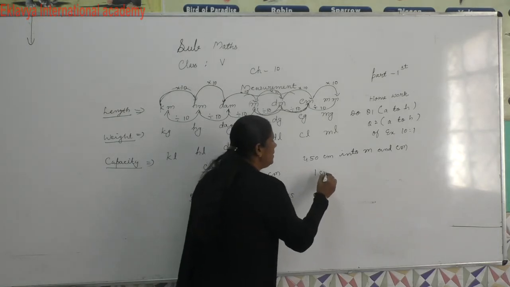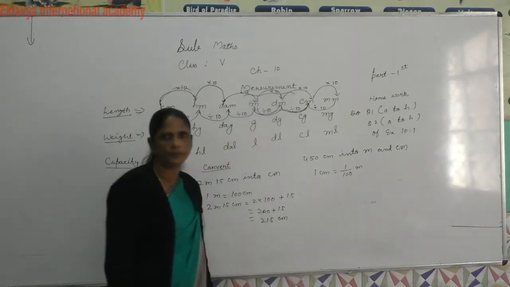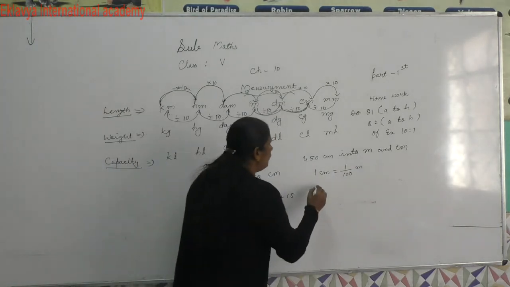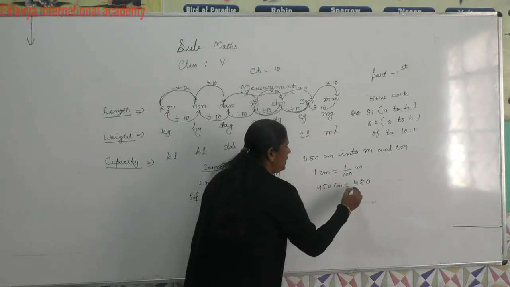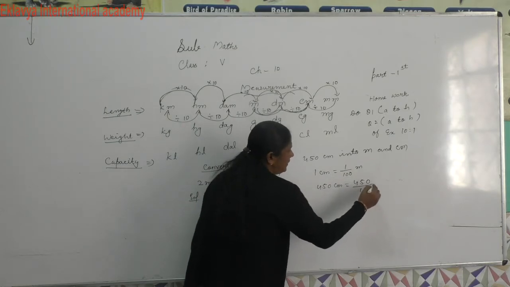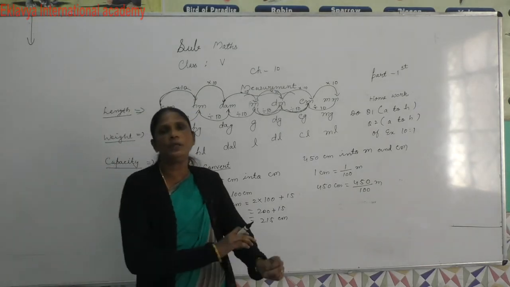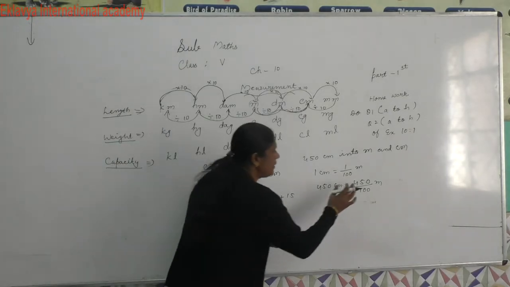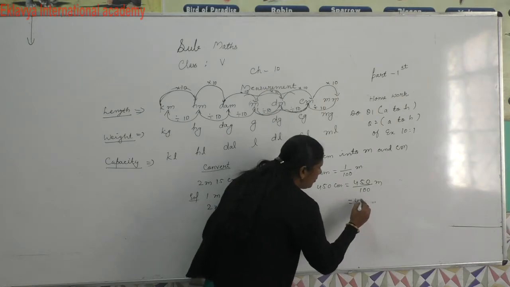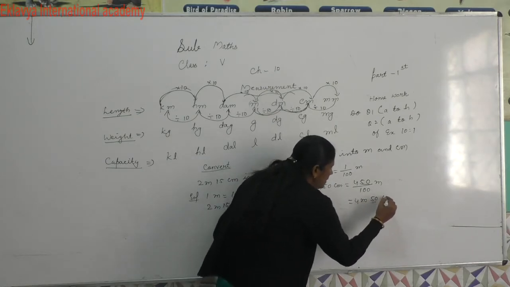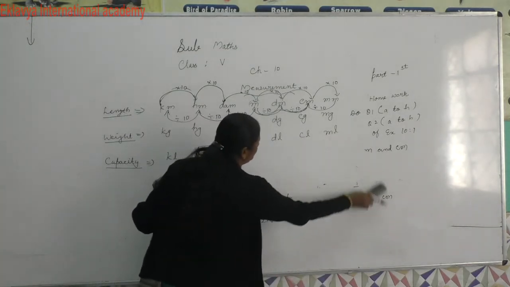You write 1 centimeter is equal to 1 upon 100 meter. We have 450 centimeter, which is 450 upon 100. We divide by 100, so we remove 2 digits from the right-hand side. The answer is 4 meter 50 centimeter. Do you understand? Then now our question.